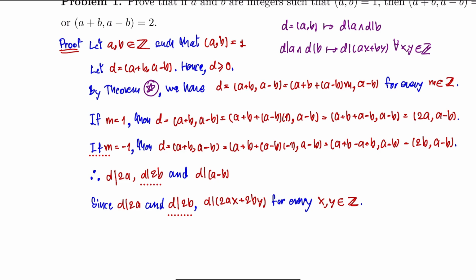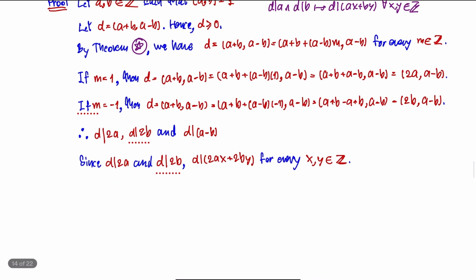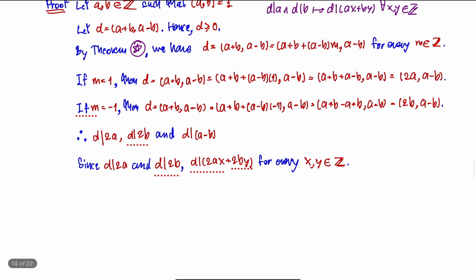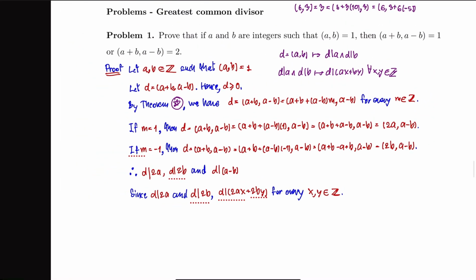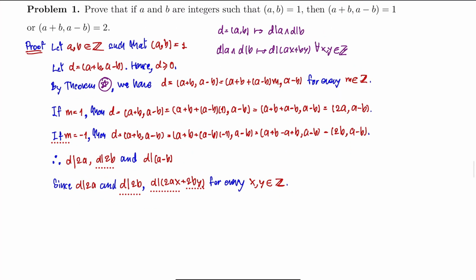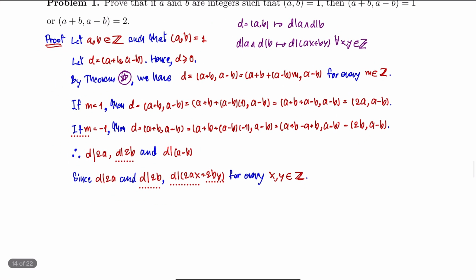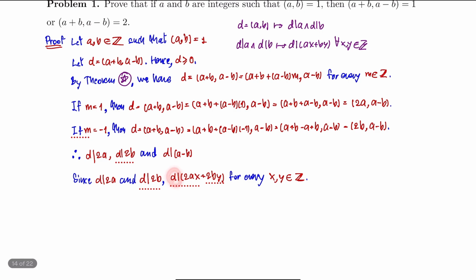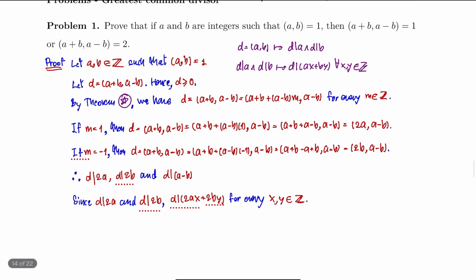Alright, and then what do we have next? So what we have is this. We have to show that d must be either 1 or 2.